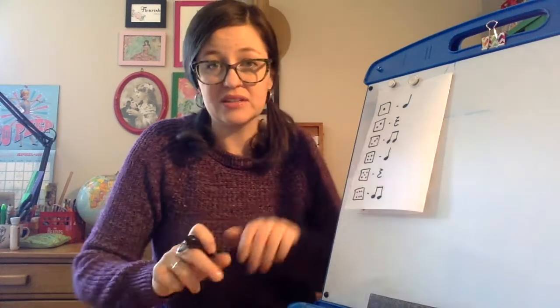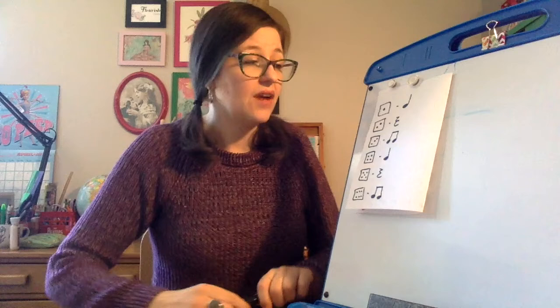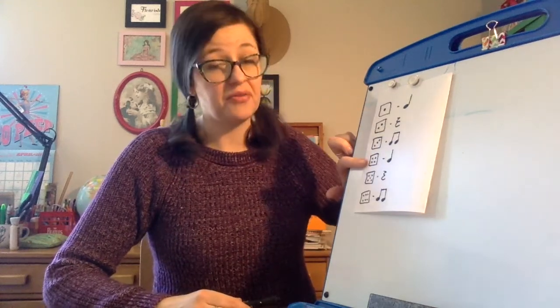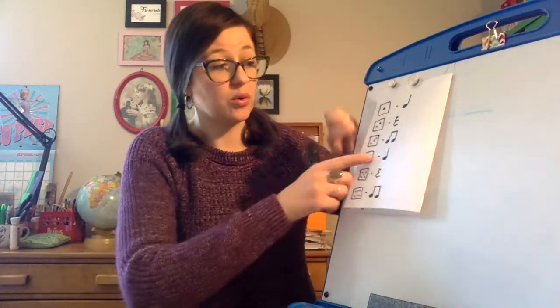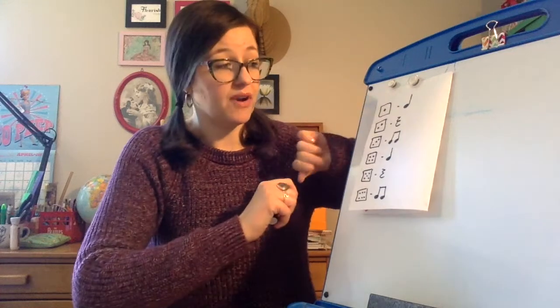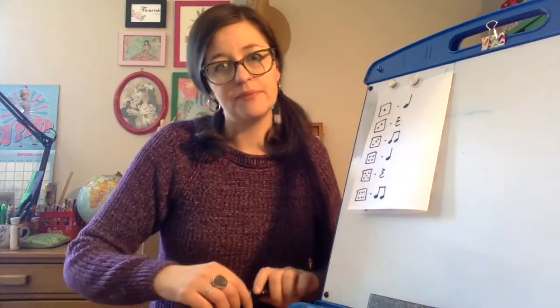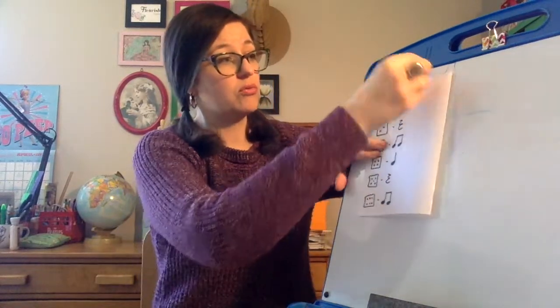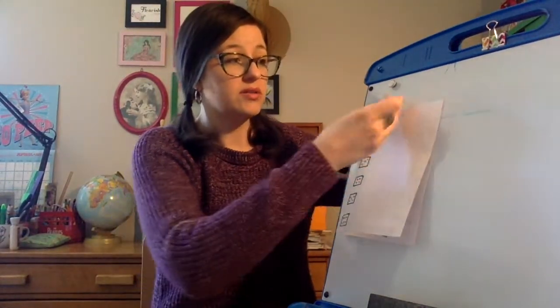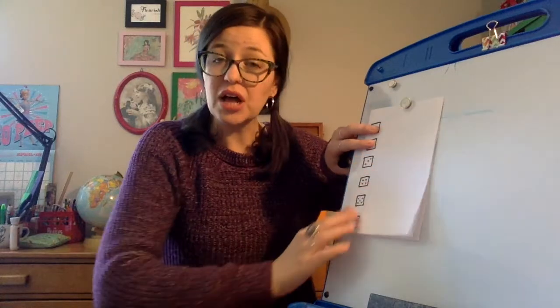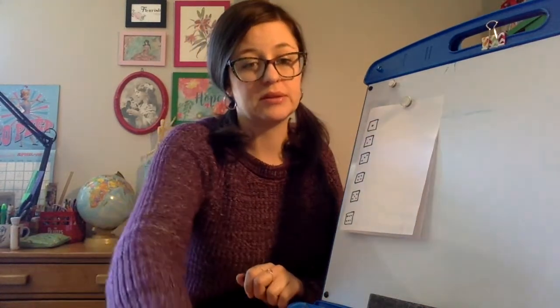So what this means is that in our activities today, if I roll a 1 or if I roll a 4, I would get a quarter note or a taw. Or if I roll a 2 or a 5, I would get a quarter rest, and so on. I'm going to show you how you could do one with notes that are a little bit more challenging, but still only worth one beat.